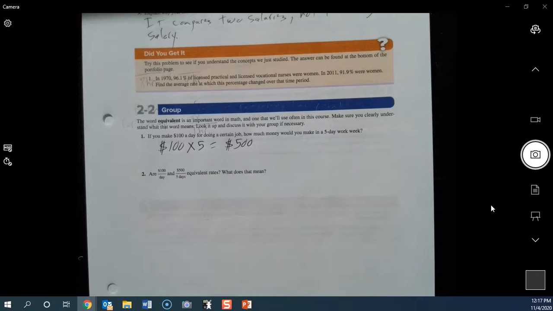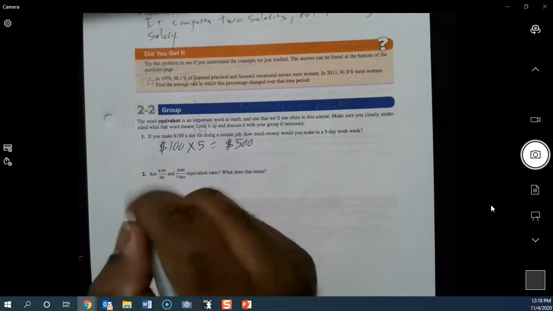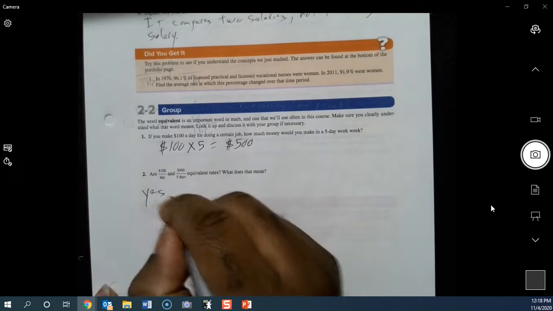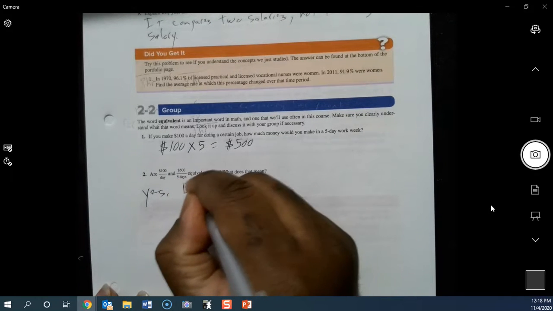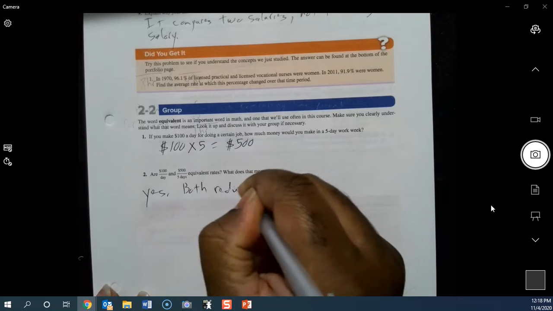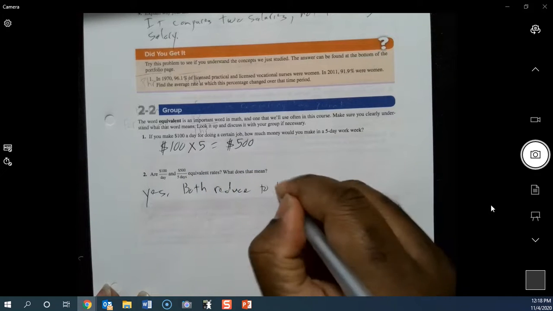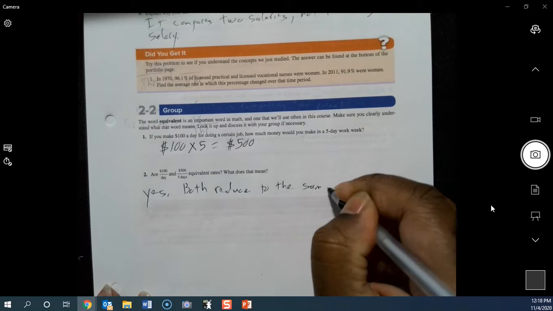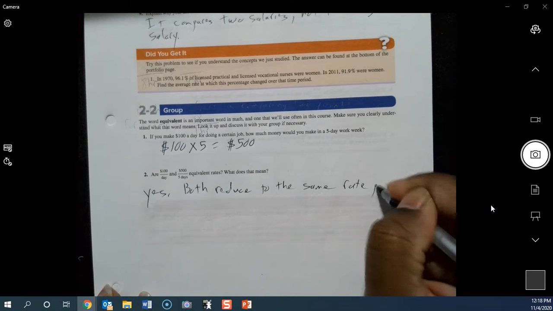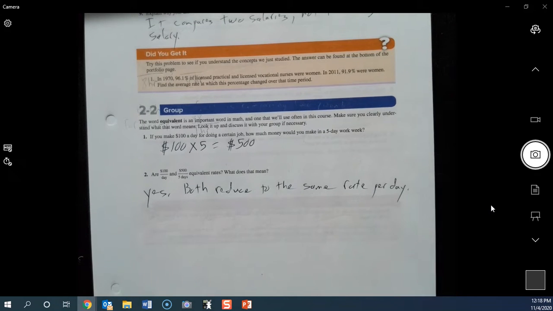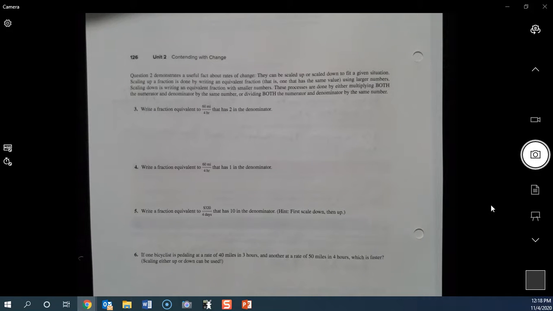Now it says number 2, are $100 a day and $500 over 5 days equivalent rates? What does that mean? It'll be yes, both reduce to the same rate per day. Okay, now go here to the back.